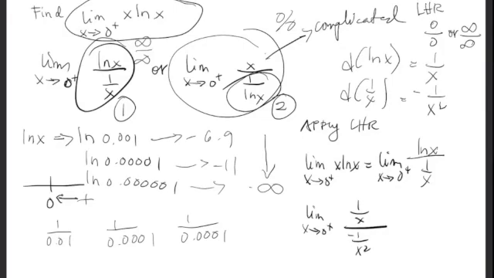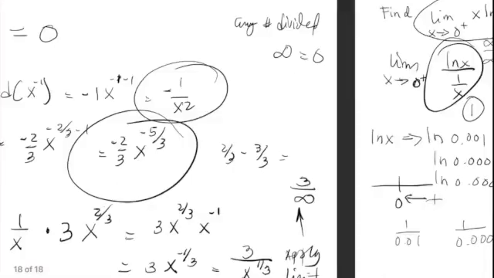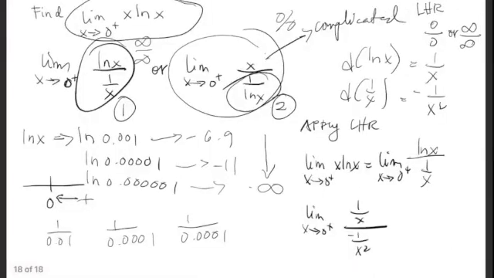But wait, pagaya ng approach kanina, pwede nating i-simplify ito. This one, we can write it as 1 over x times the reciprocal, which is negative x squared. Diba? Instead of having a division, we will rewrite it to multiplication, but the reciprocal of the denominator.